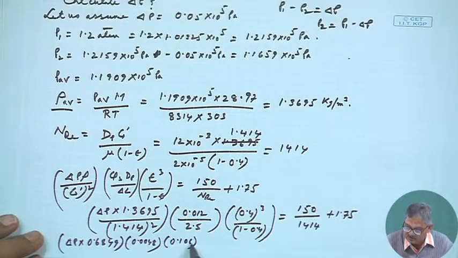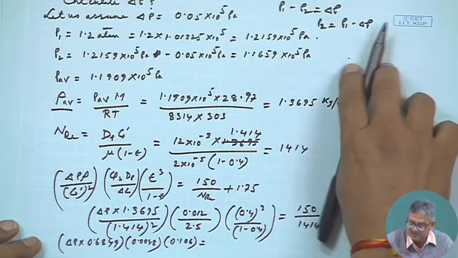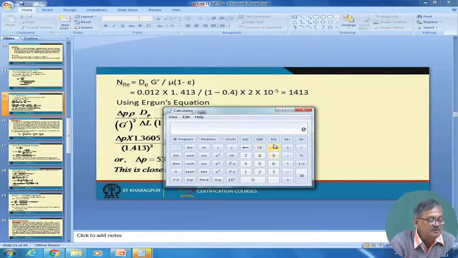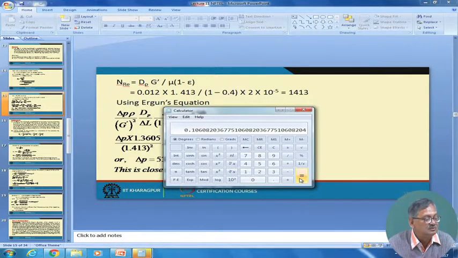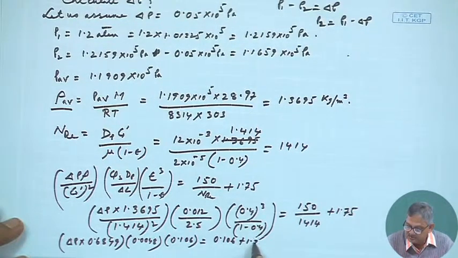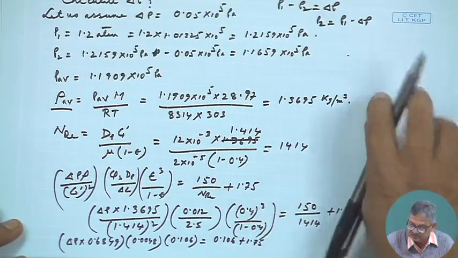0.106, right? So this is equals to 150 by 1414, 150 divided by 1414 is equal to 0.106. 0.106 plus 1.75, right?